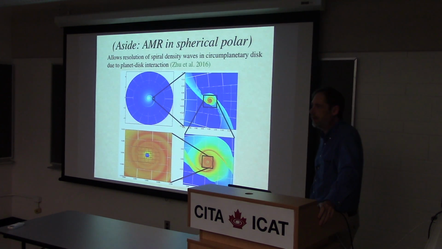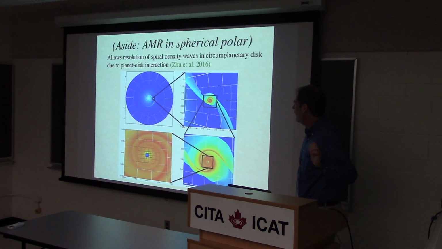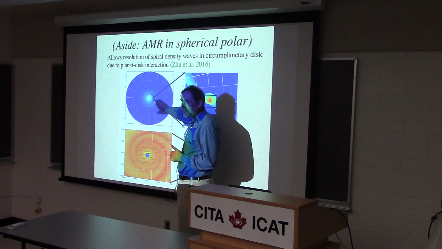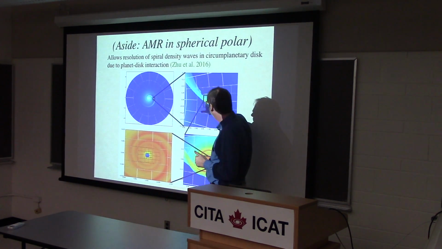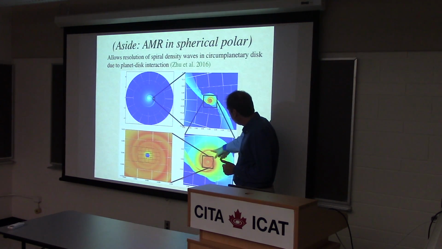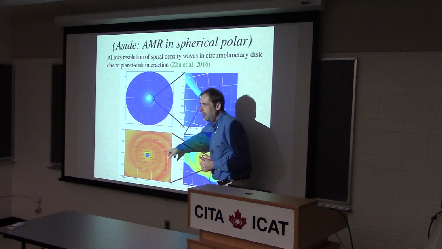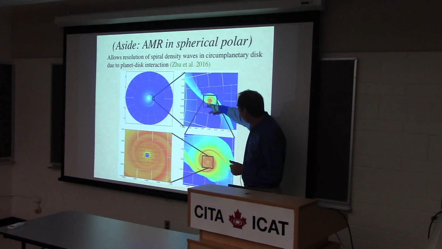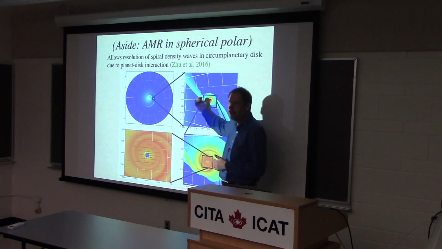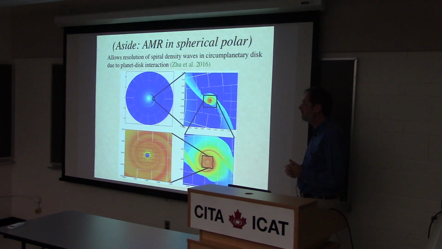Another problem I'm interested in is planet formation and planet-disk interaction problems. And again, with this adaptive mesh refinement, you can take a global model of a protostellar disk in which is embedded a planet, and you can zoom in to the gas flow around the planet using mesh refinement. And you can see the emergence of these spiral density waves being produced by the torque of the central star on the circumplanetary accretion disk.